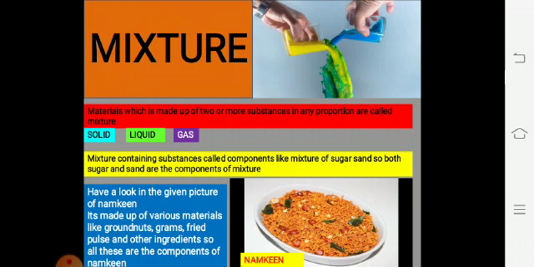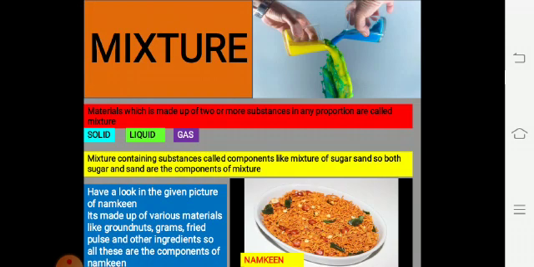It can be a mixture of pulses and pebbles. It can be a mixture of oil and water. It can be a mixture of oxygen, nitrogen, carbon dioxide, etc. A mixture contains substances called components, like a mixture of sugar and sand. So both sugar and sand are the components of the mixture.